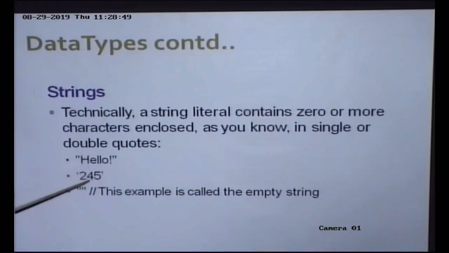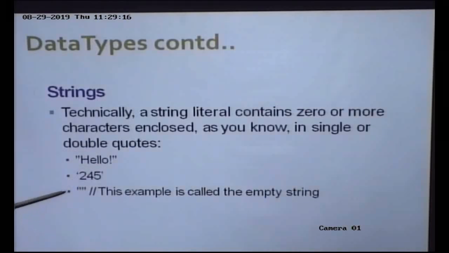Both will give the results without any errors. Suppose your value is defined by single quotes, 245, then 245 is a string value. If HELLO is defined with double quotes, then this becomes the string type. So either you can use double quotes or single quotes.